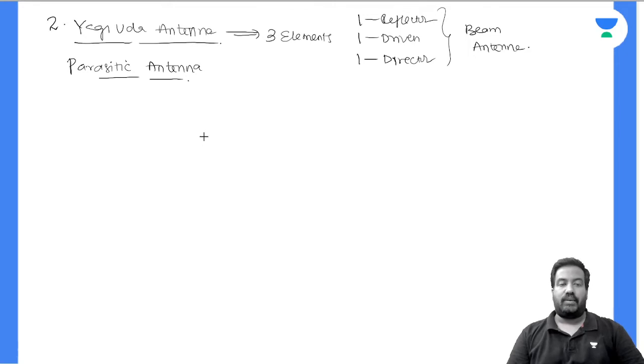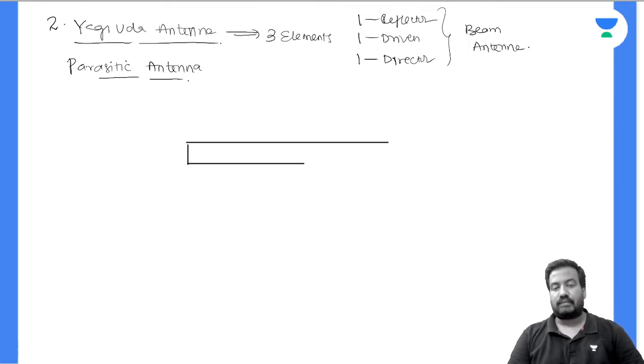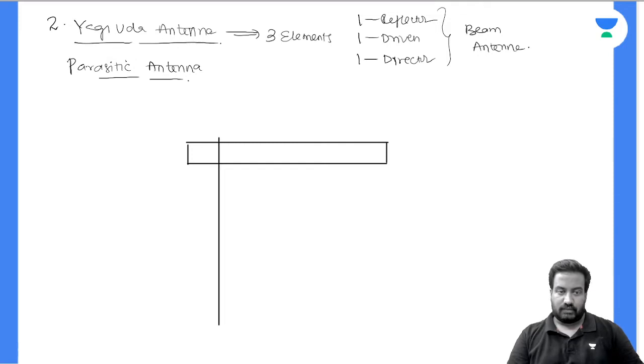If you draw the Yagi-Uda antenna, it looks like this. It's a horizontal rod. This is a vertical rod. This is the place where it is holding this rod.